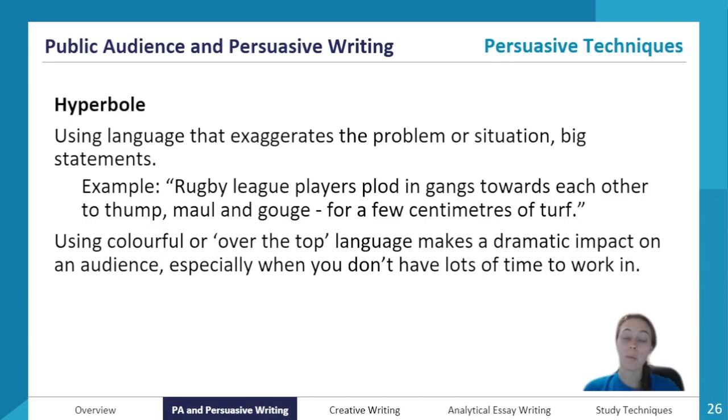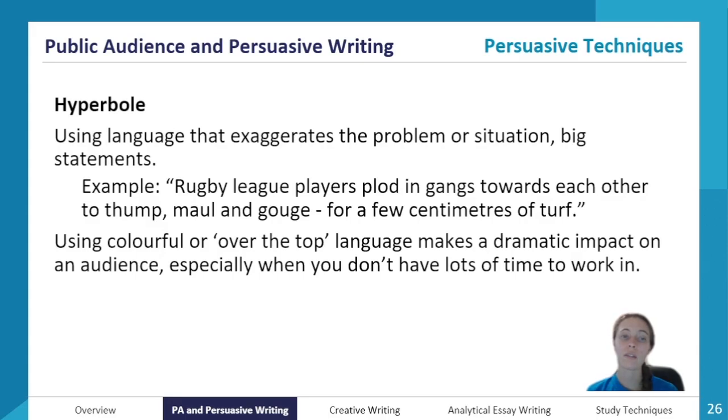Some really clear examples that we probably use in everyday language are things like, it's taking forever for me to do my assignment, for example. It's clearly not actually taking you forever, because we don't live forever.